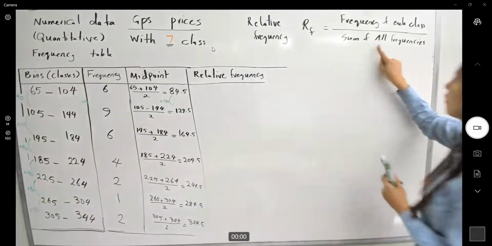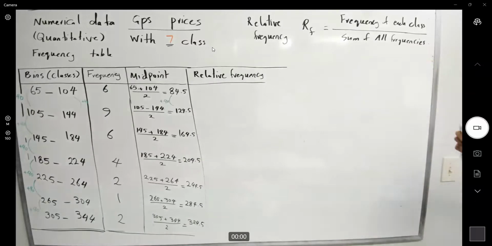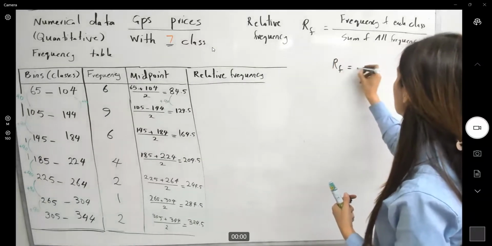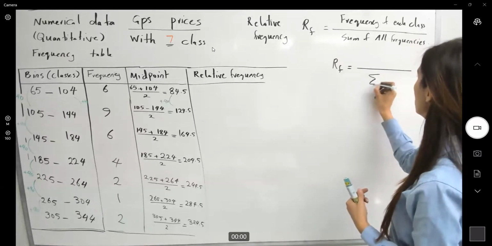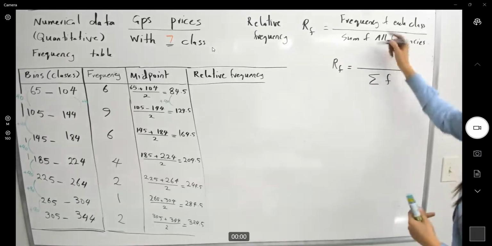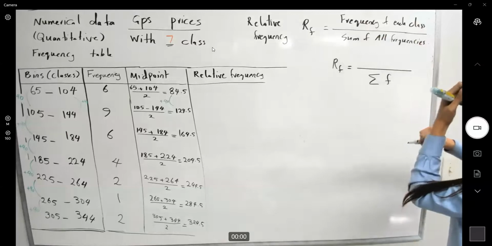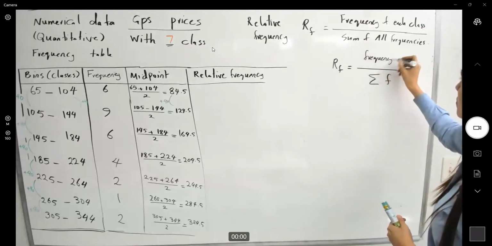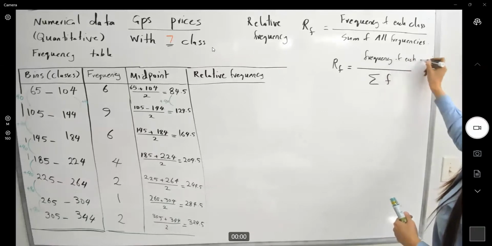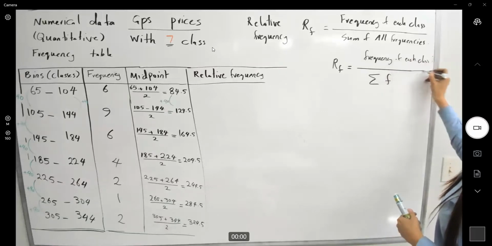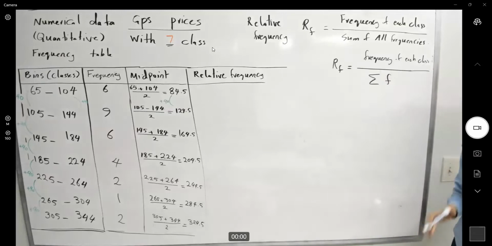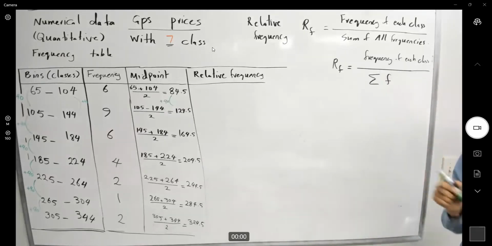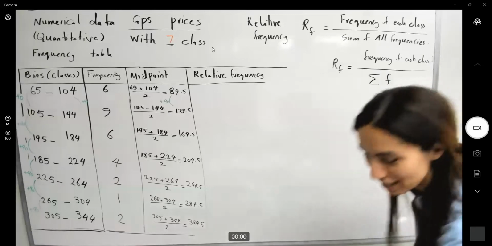The sum of all frequencies is denoted by sigma f. So you're going to take the frequency of each class and divide it by the sum of all frequencies. This symbol is called sigma, representing the addition.